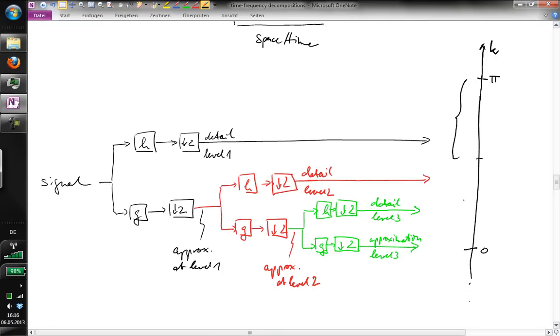The detail at level 2 amounts to these frequencies. Detail at level 3 amounts to those frequencies, and the approximation to the remaining low-pass signal. And then the thing is symmetric around 0, so here on the other side I would again have the details at level 3 and so on.